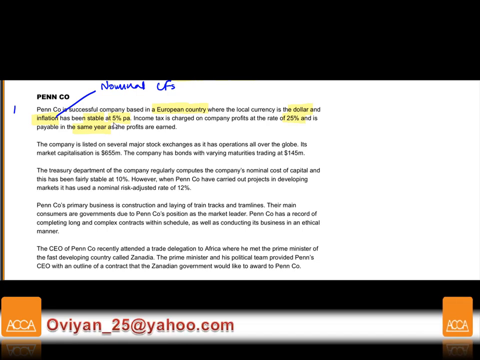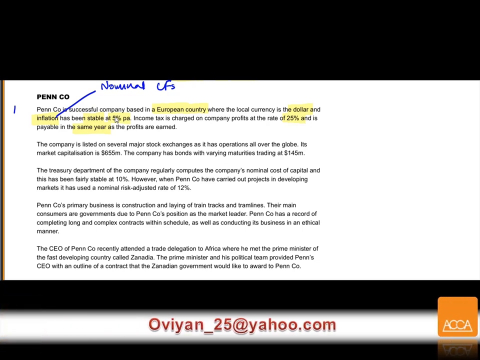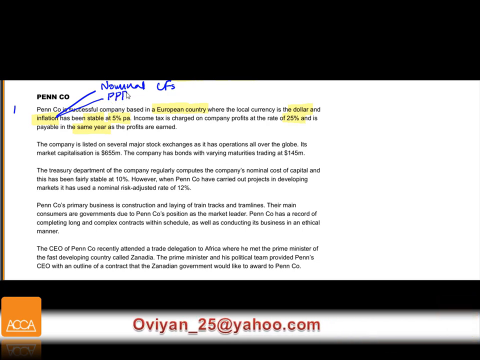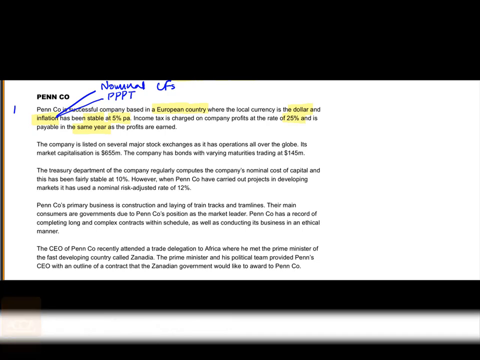So that's why they give us the inflation rate, to adjust any cash flows which are real cash flows into nominal or money cash flows. Another reason why they're giving you inflation in an FDI is to forecast your future exchange rates. That will probably be using purchasing power parity theory, and usually purchasing power parity theory is used to forecast long-term exchange rates.